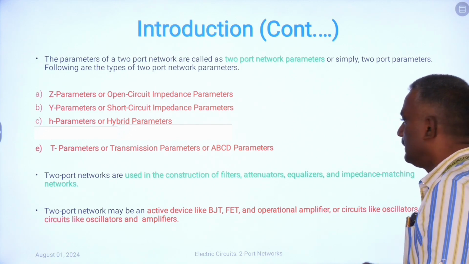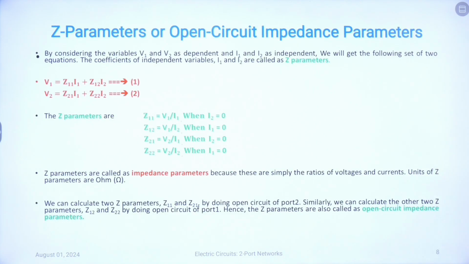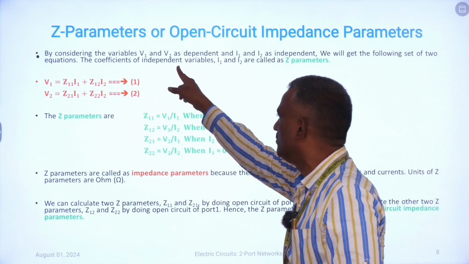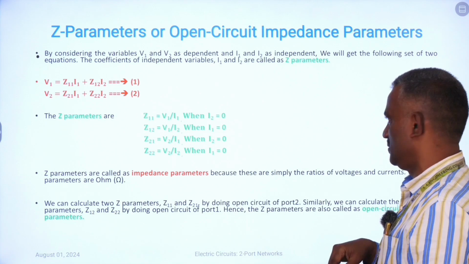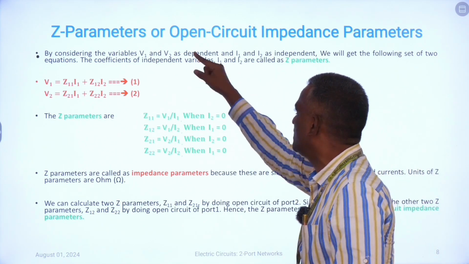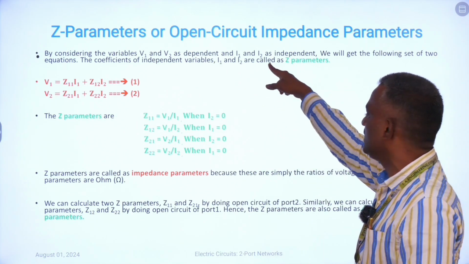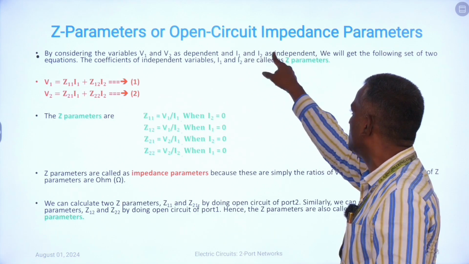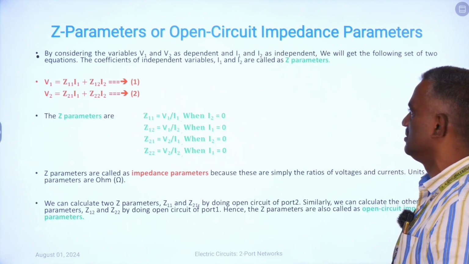Let me proceed with the first parameter, that is Z parameter. I'm taking into account my variables V1 and V2, which will be called dependent variables. Then I'll take another two variables, I1 and I2, which are independent variables.